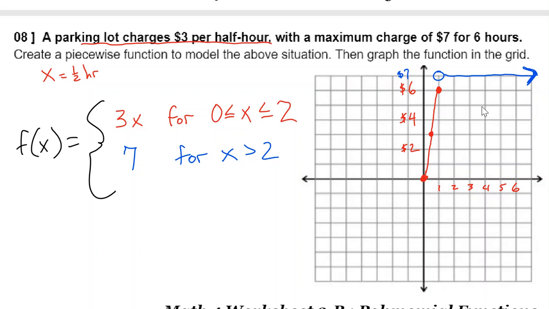I'm drawing on the real world here and I don't know of that many parking lots where, if you're going to pay a flat $7 for 6 hours, they aren't going to say that's for the rest of the day. So I'm going to leave that alone, but I'm raising the question because it is a fair question. Is there such a thing as staying in the parking lot beyond 6 hours? They're a little vague on that, so we'll let it run with that.